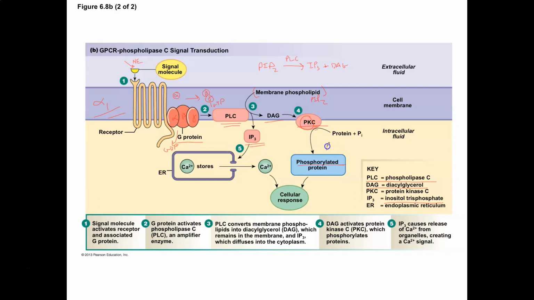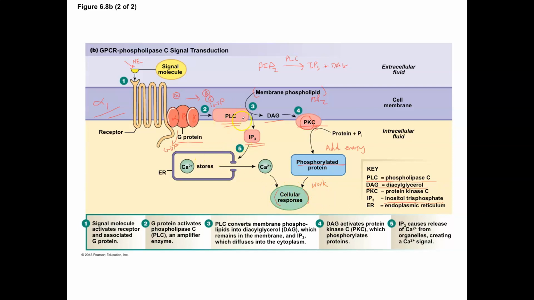Okay, so they add energy. So when you are activating a protein kinase and phosphorylating other proteins, essentially you're adding energy to them, and then that allows them to do work.